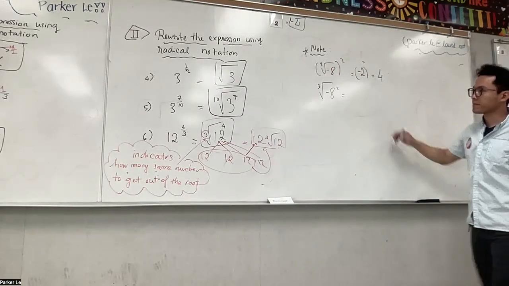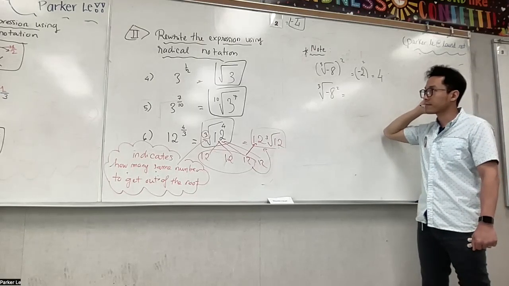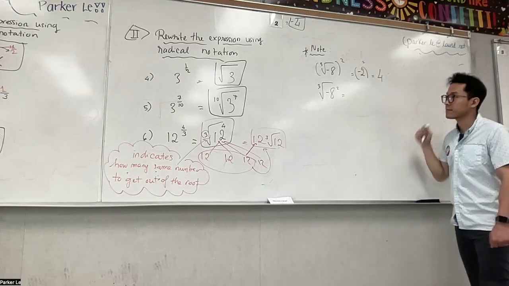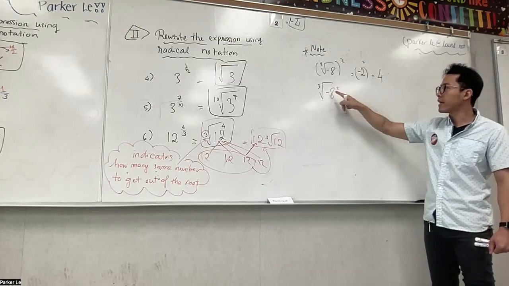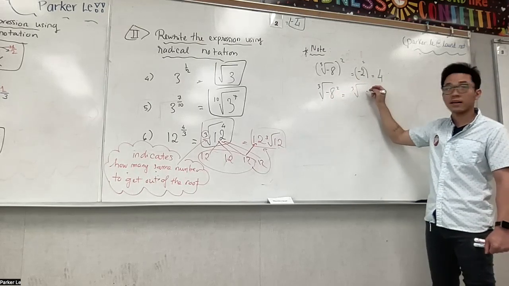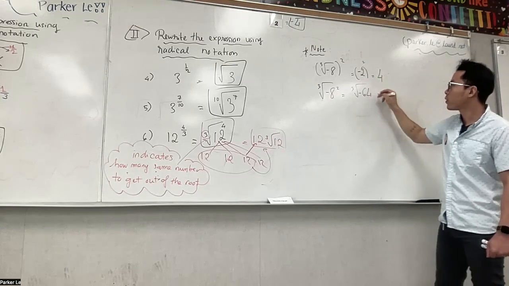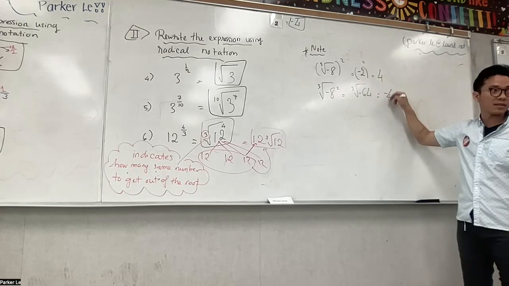What are you going to do? -4. What is -8 squared? You're going to work inside first. What is -64? Yes, -64. What is the cube root of -64? -4.